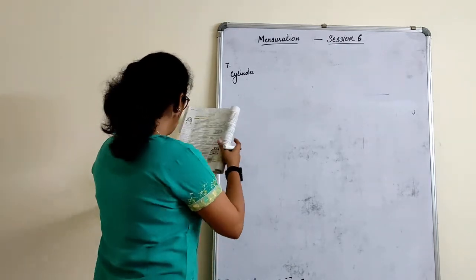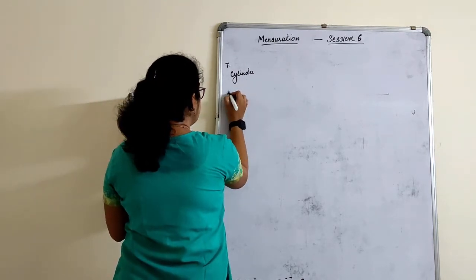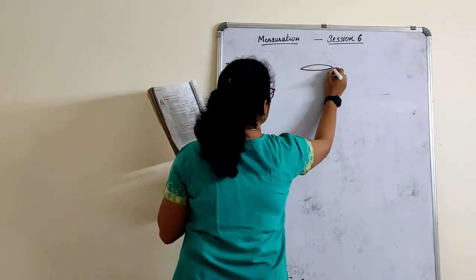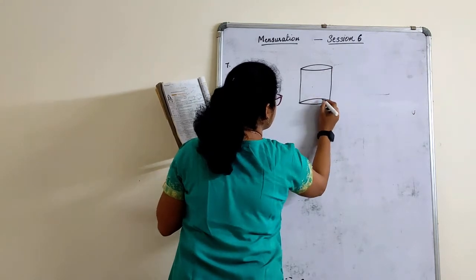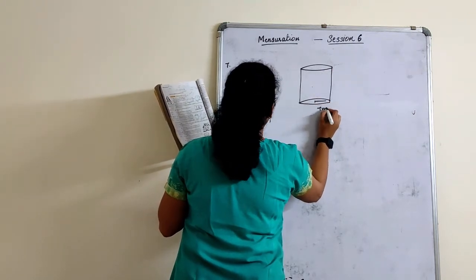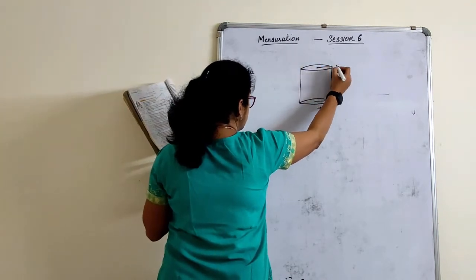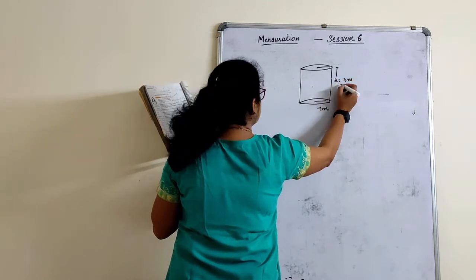Okay. Now, a closed cylindrical tank of radius 7 meter, write the given. We will just have a closed cylindrical tank of radius 7 meter, and height is equal to 3 meter.